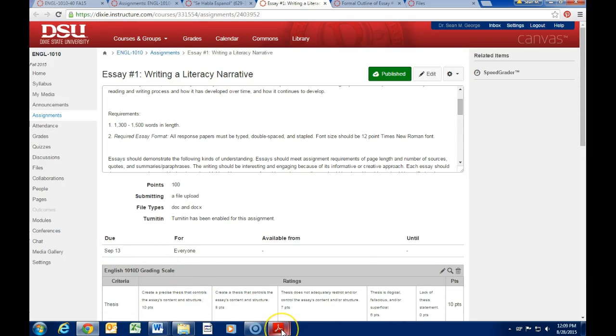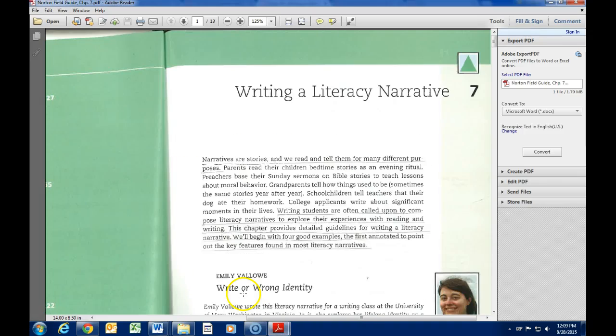So let's look at Chapter 7 in the Norton text, writing a literacy narrative. This is our topic for essay number 1. So narratives are stories, and we read and tell them for many different purposes. Writing students are often called upon to compose literacy narratives to explore their experiences with reading and writing.